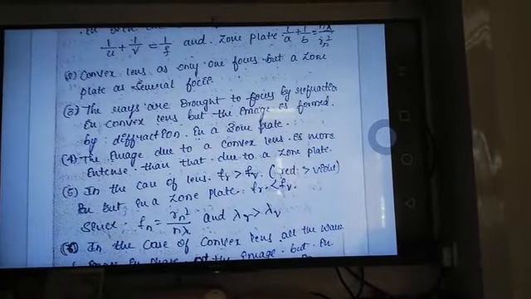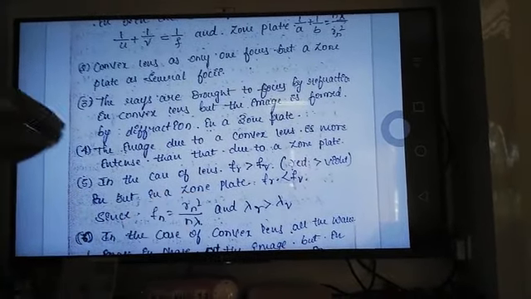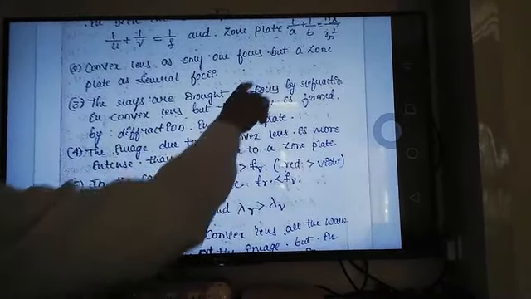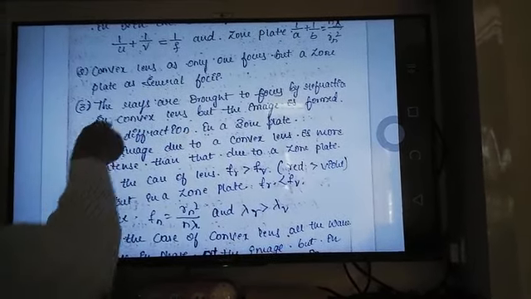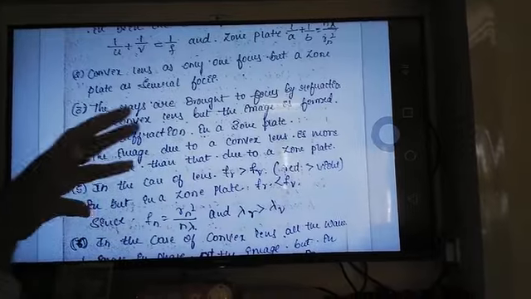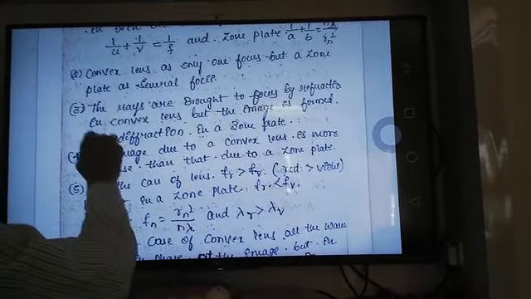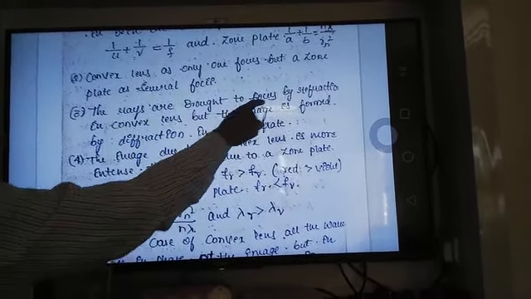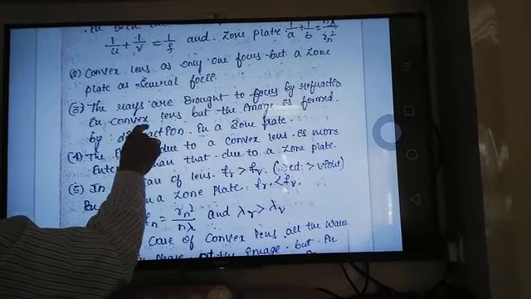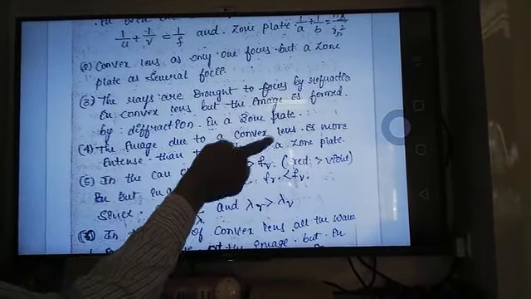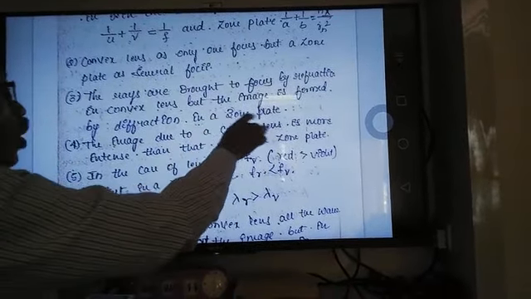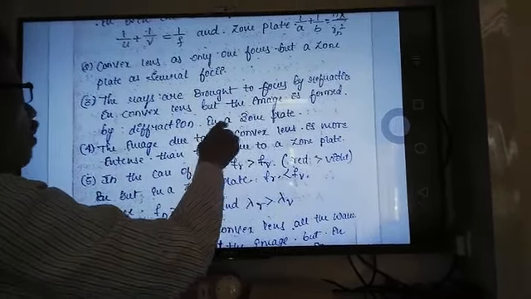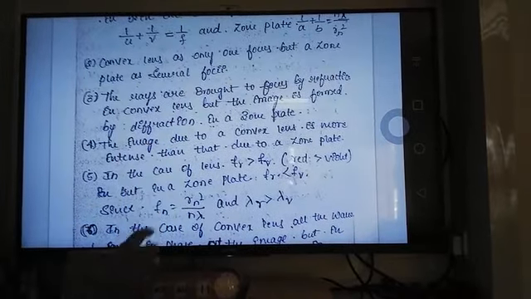After refraction, all the rays focus at a single point. But in the zone plate, after diffraction, the rays focus at different points. Third, the rays are brought to focus by refraction in the case of the convex lens, but in the zone plate the image is formed due to diffraction.